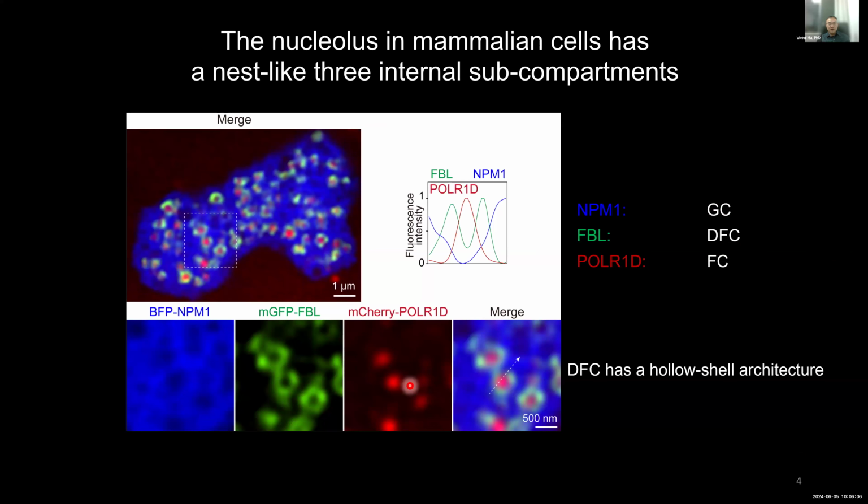You can see POLR1D forms a small punctum which is surrounded by the FBL ring, which means DFC has a hollow shell architecture which surrounds the FC. So FC and DFC form functional subunits, which are immersed in the same GC region.